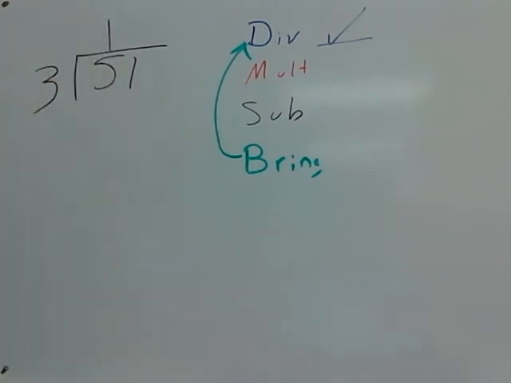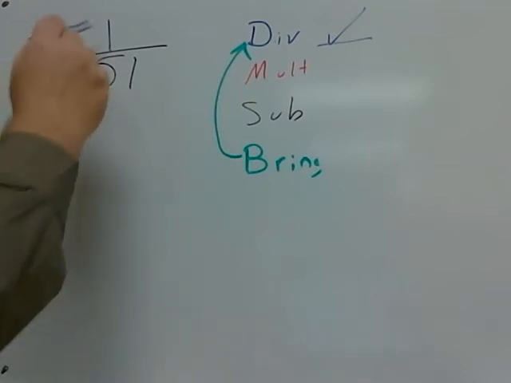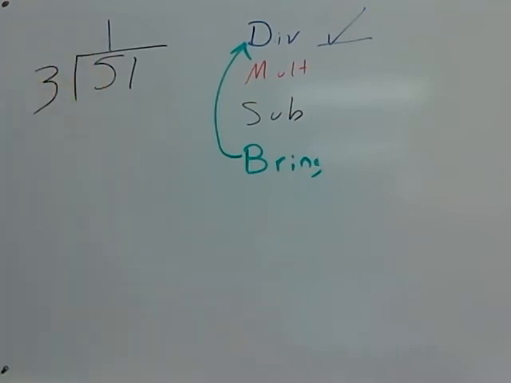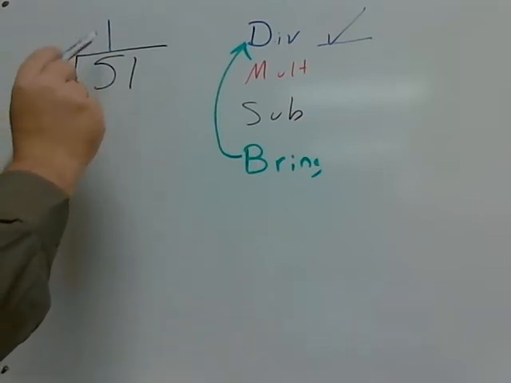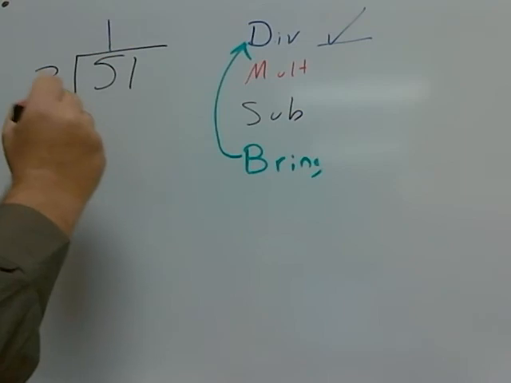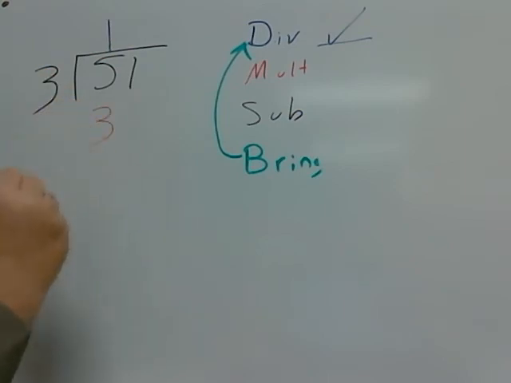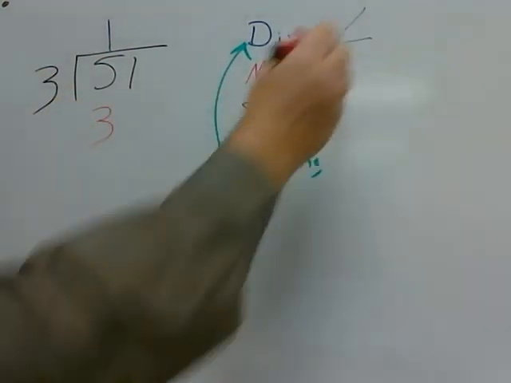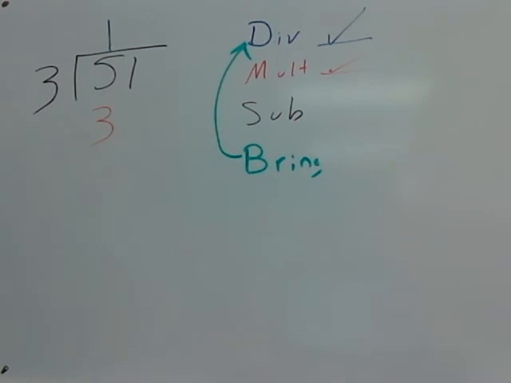So again, hit the pause button and go ahead and multiply 1 times 3. When you're ready, hit play. So we're multiplying. 1 times 3 is 3. I did that. All right.